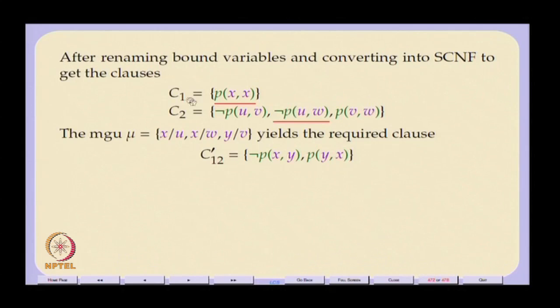But supposing I decide to resolve these two, and supposing I decide to take all of them, then what I can do is take x for u, x for w, y for v. That is one general unifier.